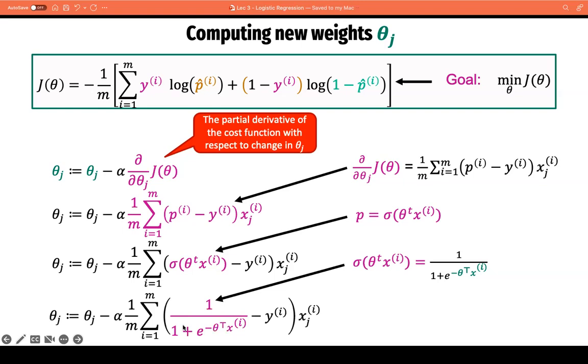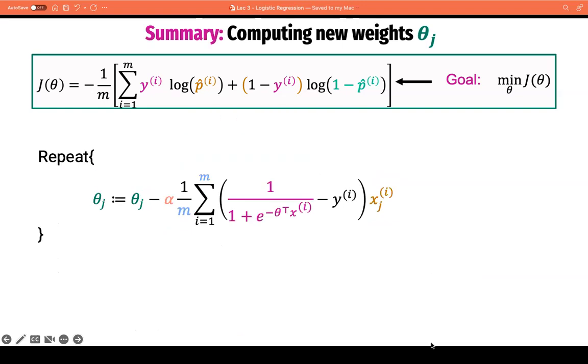Plugging that into this equation, we arrive at this final formula for computing and updating the new weights. So this is now the gradient descent. After all the derivations, we will simply repeat this process, simultaneously updating all the weights until we reach some convergence or number of iterations.